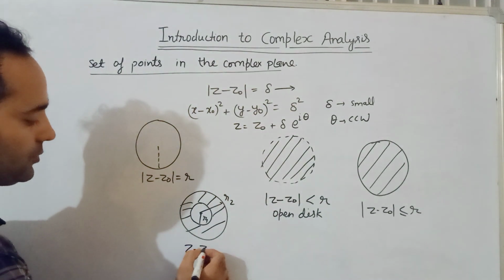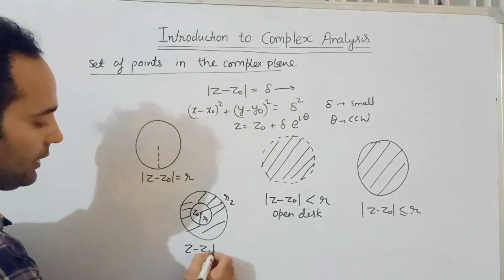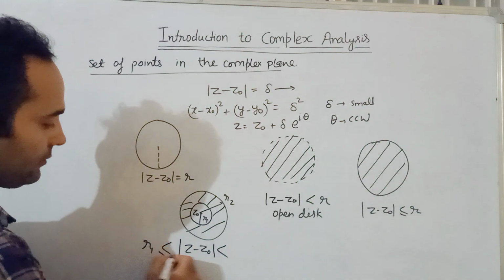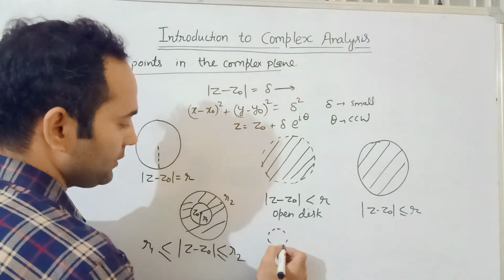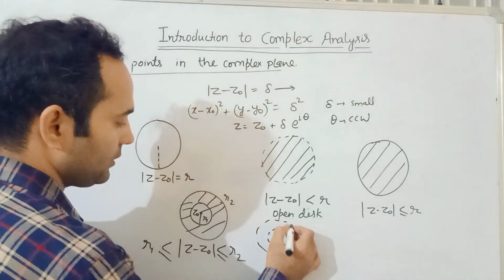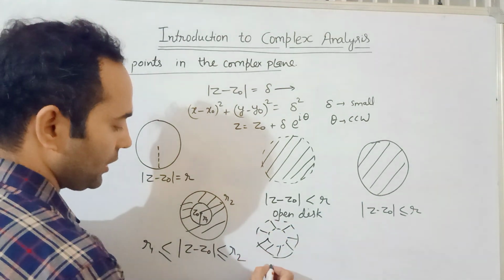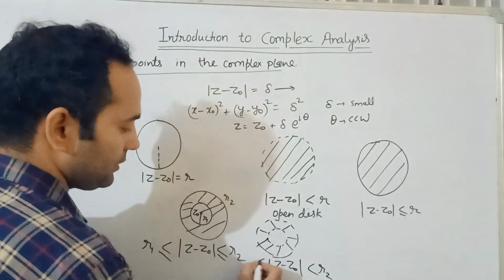So closed annulus would be mod of z minus z0, of course centered at z0, and this would be between r1 and r2. And what would be open annulus? This has to be dotted. Mod of z minus z0, this equality sign will be removed.